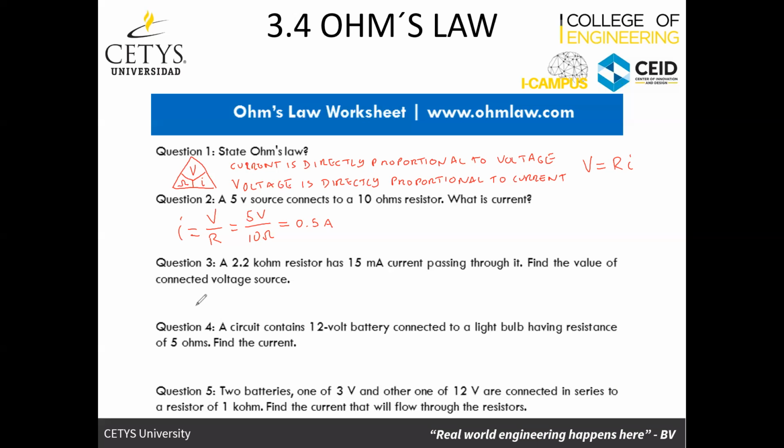And so if we want the voltage, it's going to be equal to R multiplied by I. The resistance is 2,200 ohms, and the current is 15 times 10 to the minus 3.